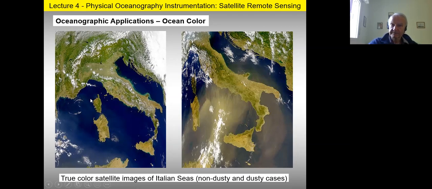So, if you remember, we were discussing what kind of information you can obtain by looking simply at the satellite data. Obviously, this is qualitative, non-quantitative information, but you can learn a lot about how your ocean functions.